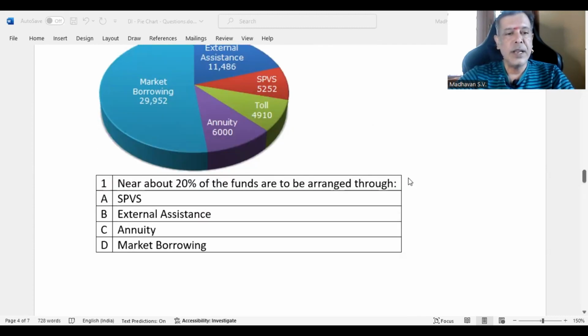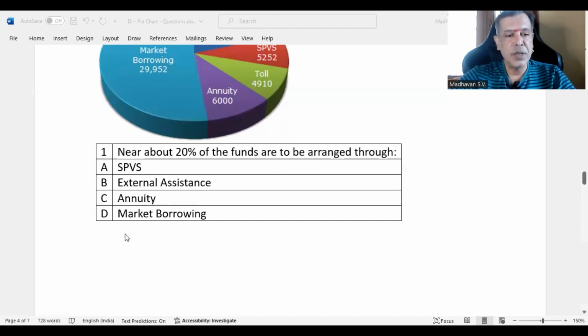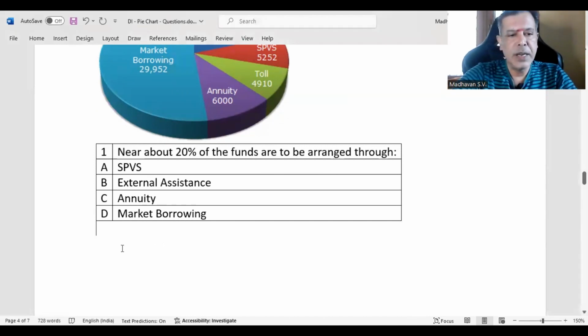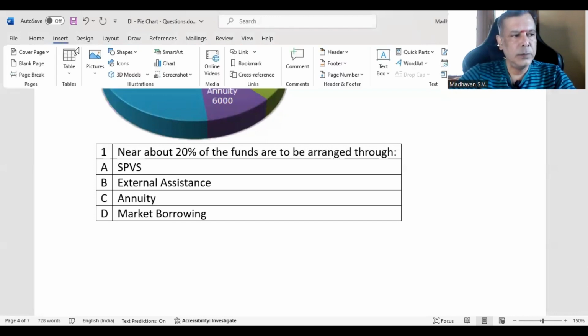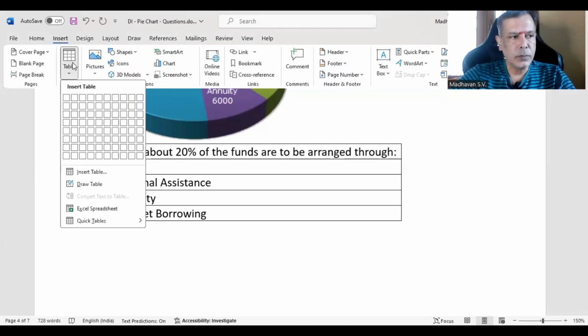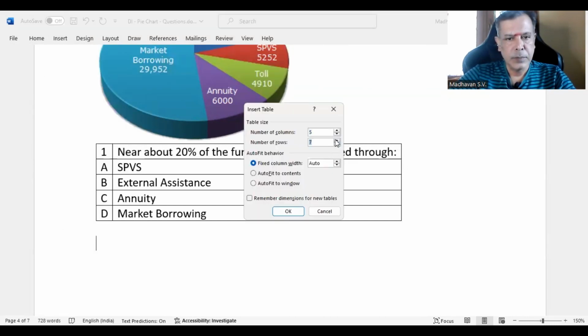First question, nearly about 20% of the funds are to be arranged through. So they gave us some options. To understand the percentage, we will create one table below, having 7 rows and 4 columns.